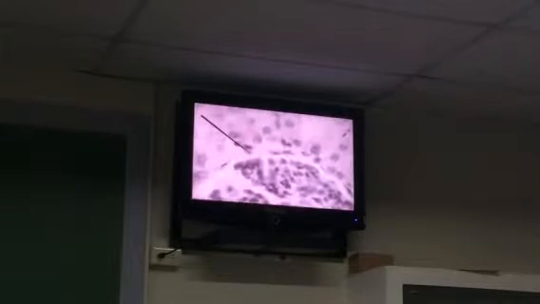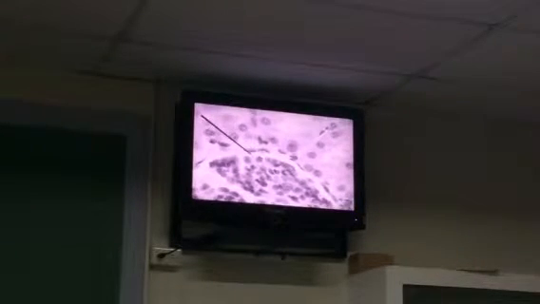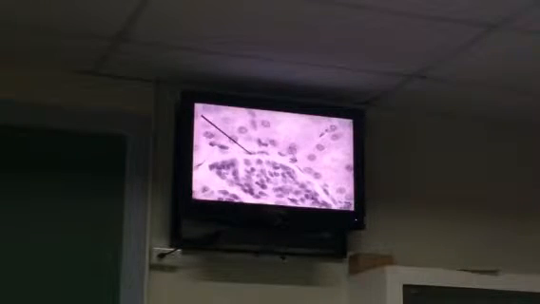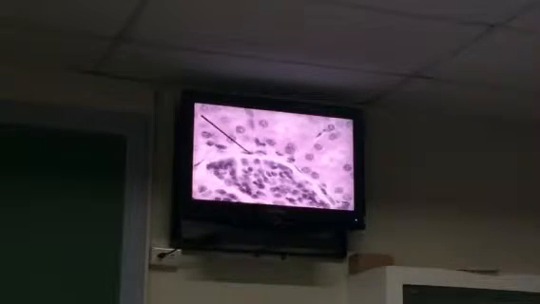Now let's look at it under high power. So this is high power of your renal corpuscle. Again, you see those cells. So what is the shape of the cell pointed?